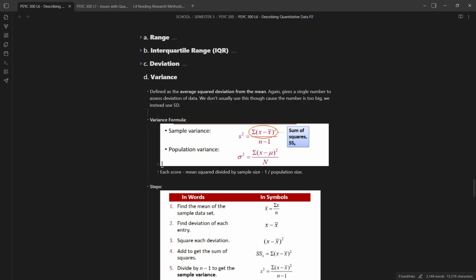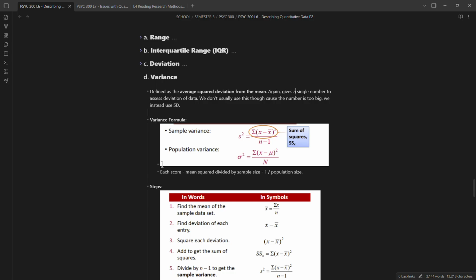So population variance is the same thing, but for its formula, it's just substituting values. So sigma notation times deviation for the population instead of the sample, squared, over the population size.